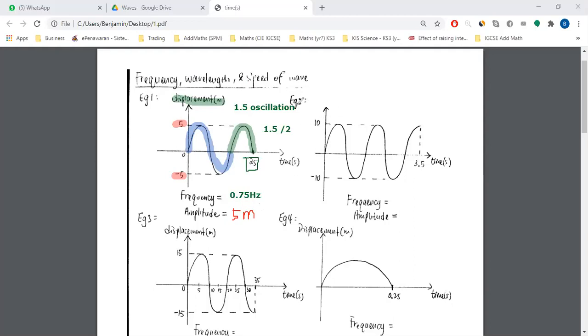Okay, example 2. Example 2 now, another one. So here, how many frequency of this wave? So we are going to calculate. So here, starting from here, one oscillation, and then the second oscillation.